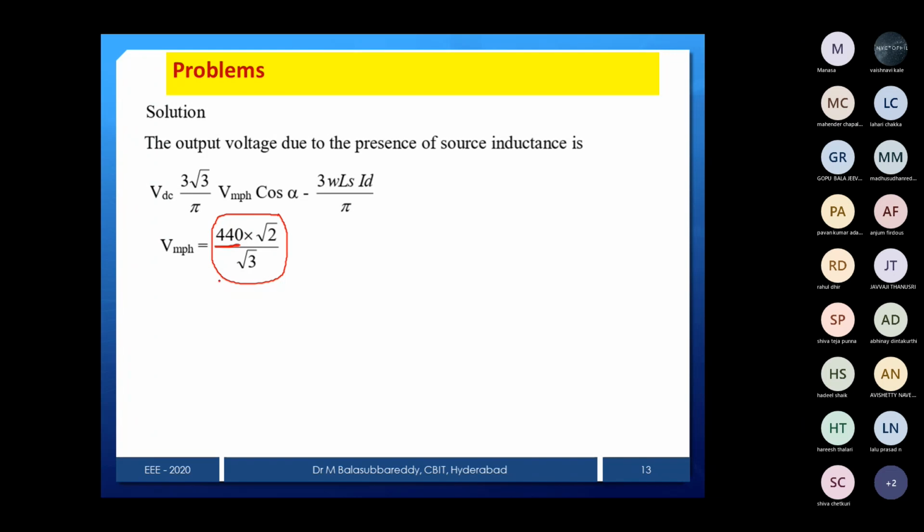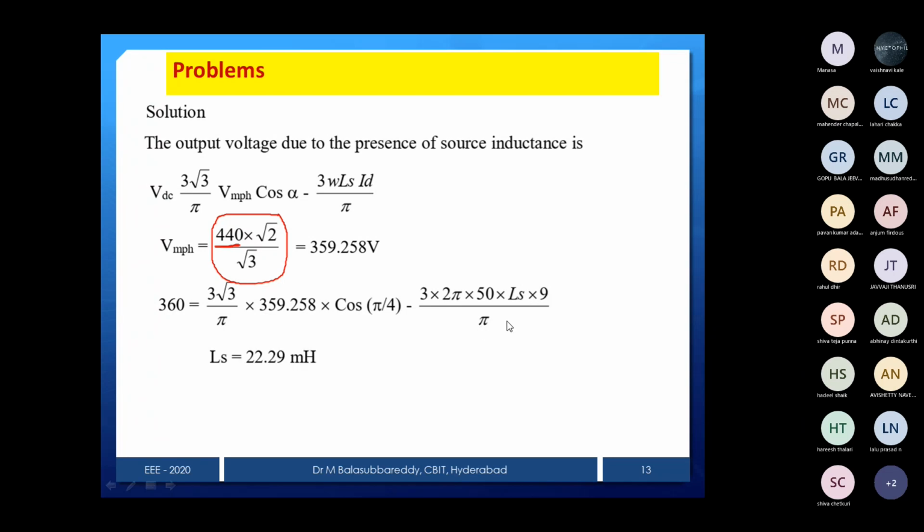As usual, you substitute 360, which is mentioned in the problem as VDC, and alpha is pi by 4, and 3 omega is 3 into 2 pi f, Ls into 9 by pi, where 9 is Id. We'll get the Ls value, that is 22.29 millihenry.